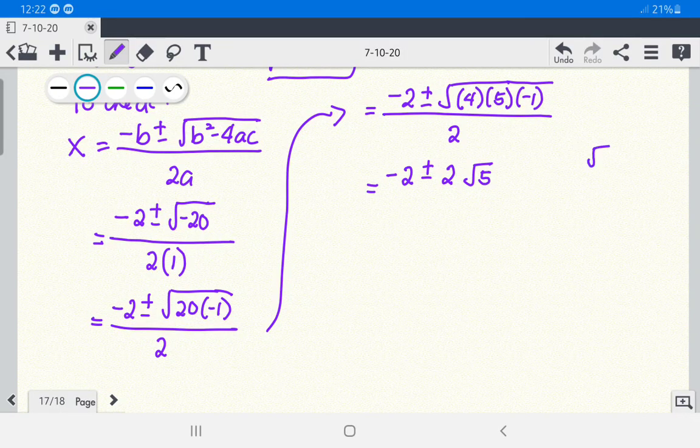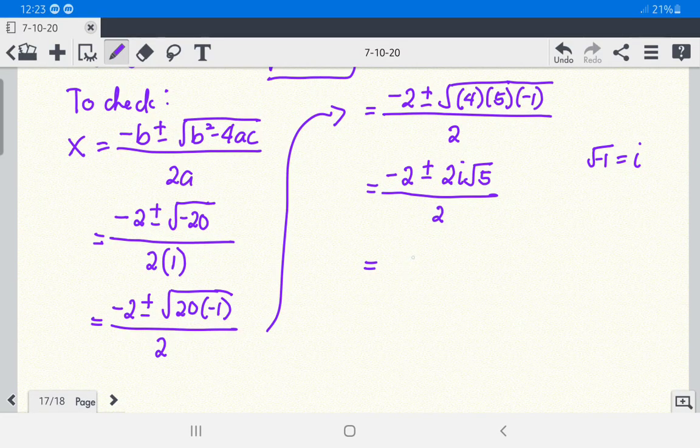And the square root of negative 1 is i. So you can put here after the radical i, or you can put it before the radical. So over 2. Then negative 2, let us simplify since the common factor is 2 in the numerator.